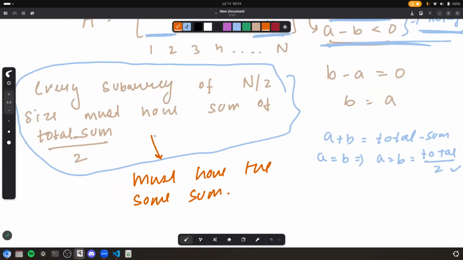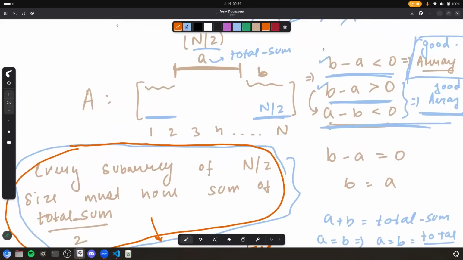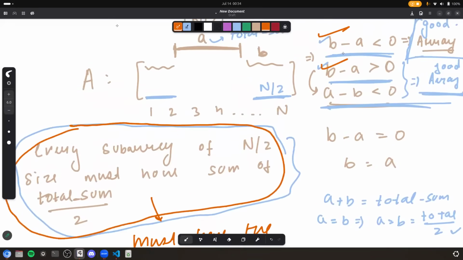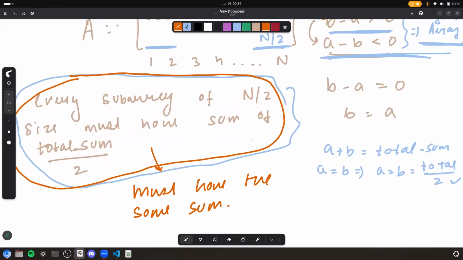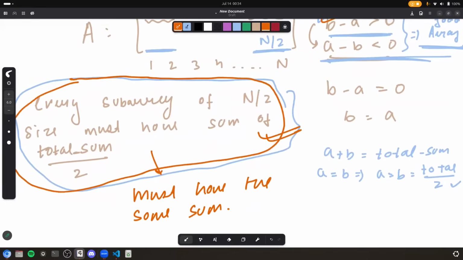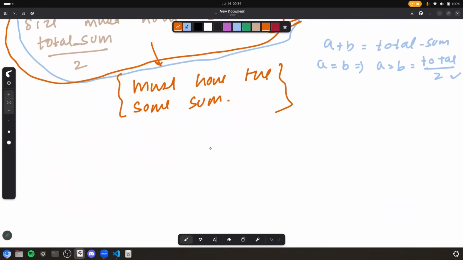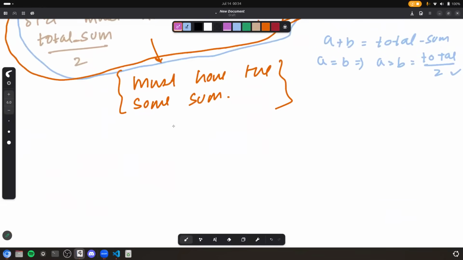So I feel that checking this condition would be far easier than checking that condition. Checking those conditions would be quite difficult, since this is pretty straightforward: every subarray must have the same sum. So let's analyze this idea.